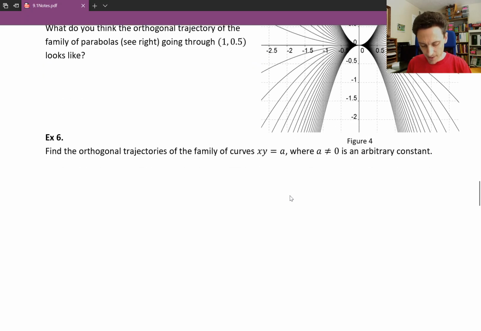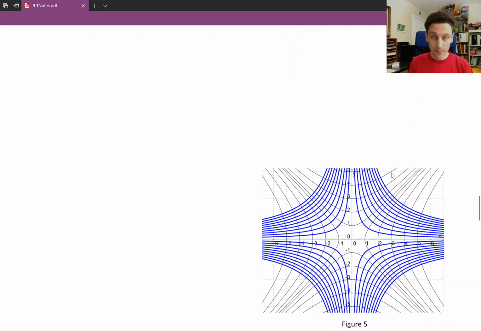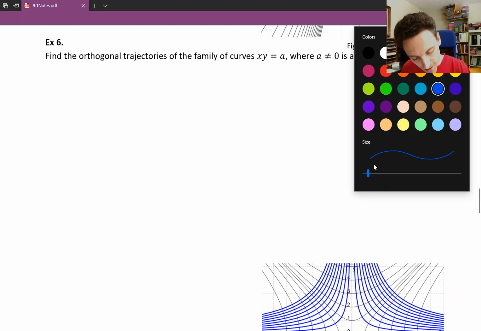Let's turn to example 6, where we have: find the orthogonal trajectories of the family of curves xy = a, where a is not equal to 0, is an arbitrary constant. And figure 5 that we had looked at earlier is showing in blue the family of curves that were given. So this is the xy = a curves. You might notice it's like the 1/x kind of family.